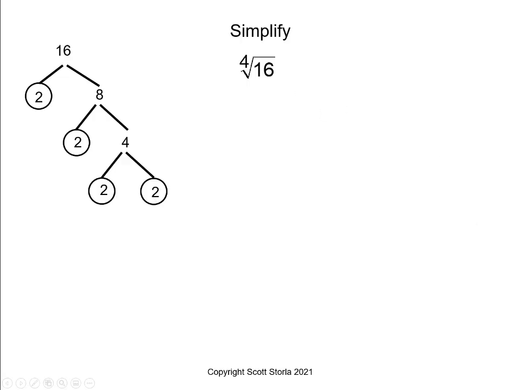That is, 16 is 4 factors of 2 being multiplied. So this is asking me what's the base, which when it has an exponent of 4 is going to return 16. And that base, as you can see, is a 2. And then I can always check by saying, well, if the base is a 2 and the exponent is a 4, do I actually get 16? And I do.